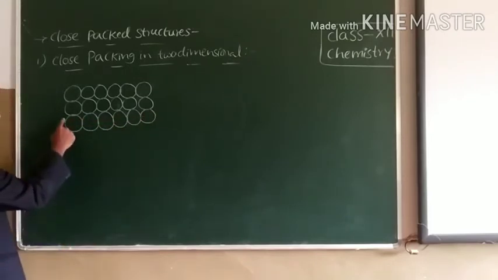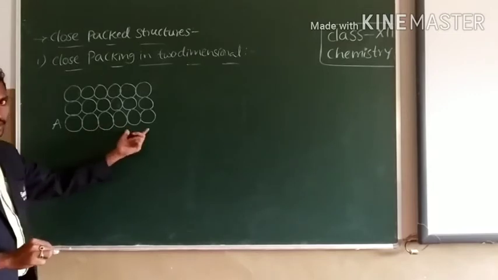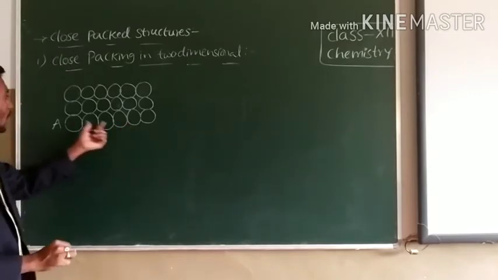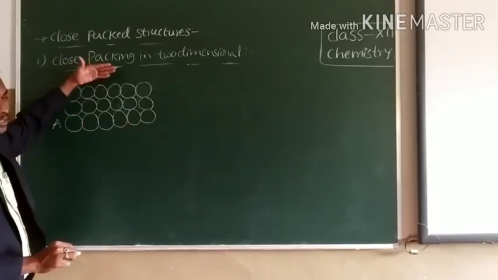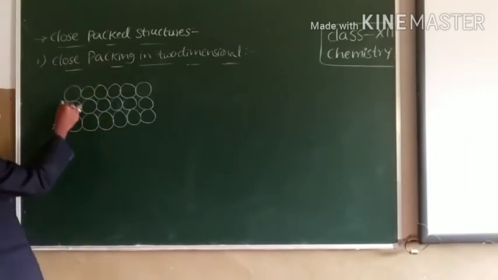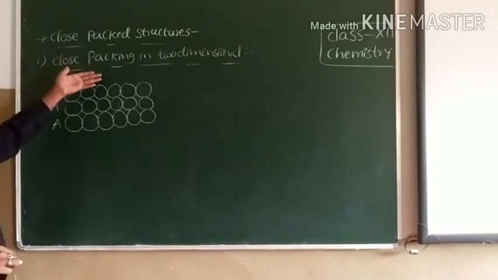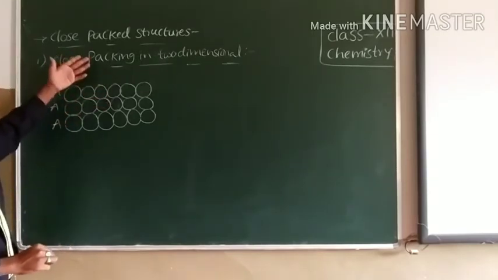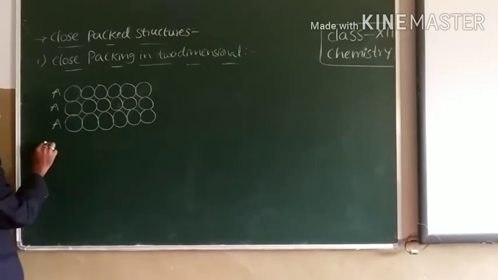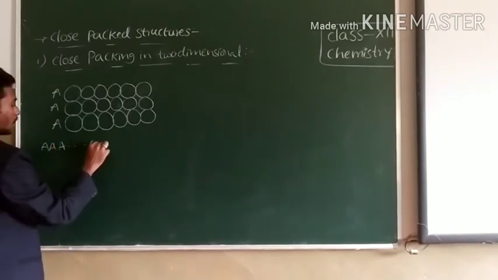Suppose this is considered A. This is the A row, and the remaining rows are also the same in this two-dimensional structure. So this is also A. The remaining repeating layers are also of A type. So this is called an AAA type crystal lattice.